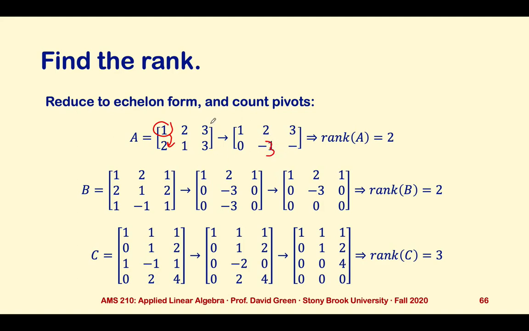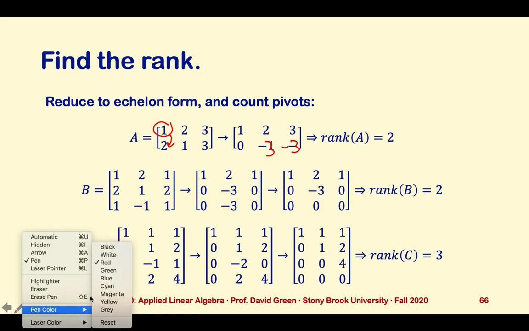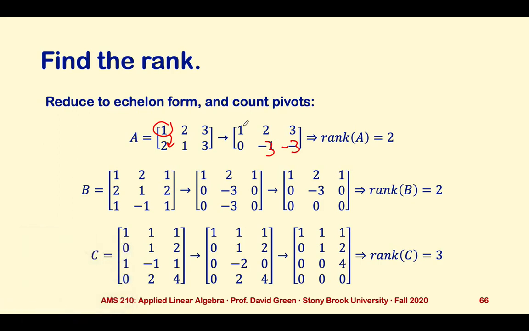And 3 minus 6 is negative 3. We have 2 pivots. 1, 2. In an echelon form, the rank is 2.